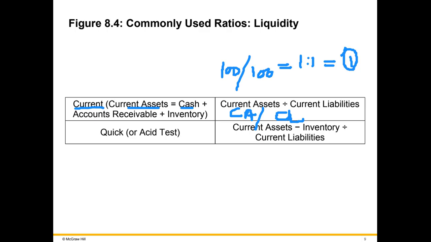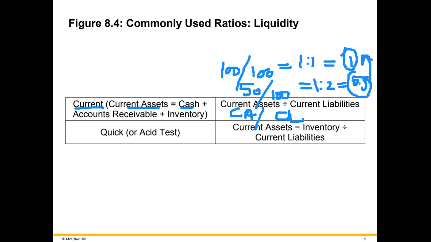Imagine you have 50 million of current assets and you have to pay 100 million in current liabilities. That will be 1:2, or 0.5. This is not good. The closer this figure is to 1, the better.